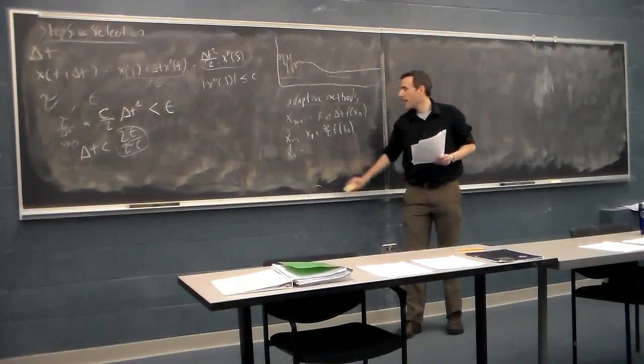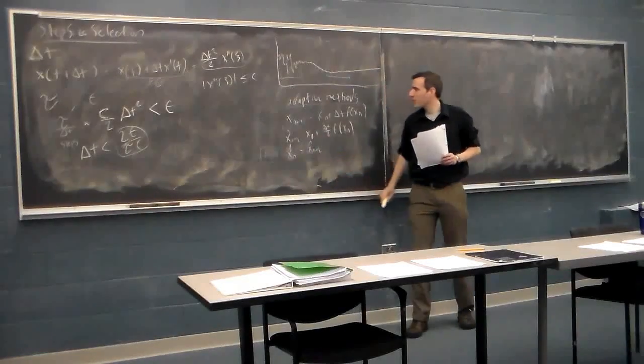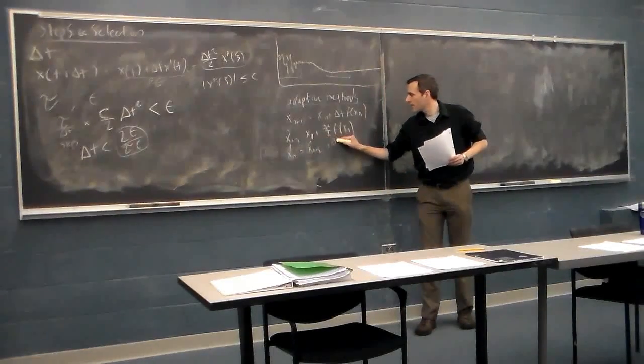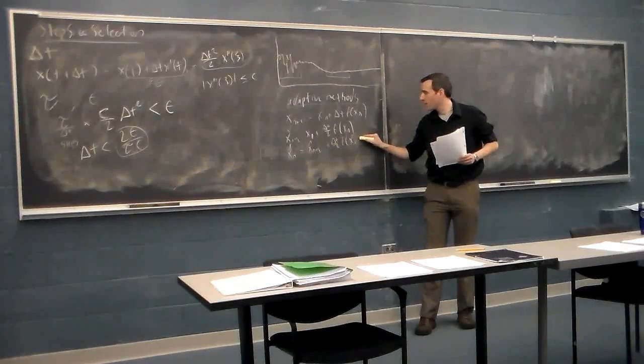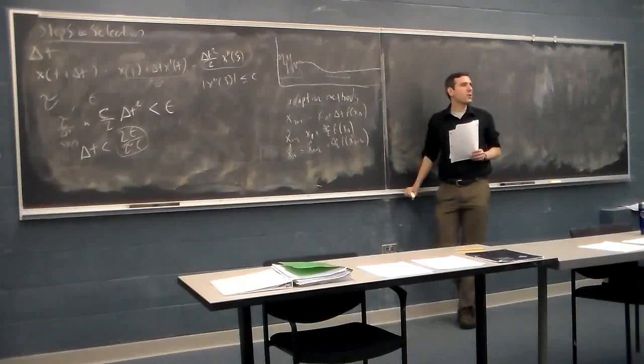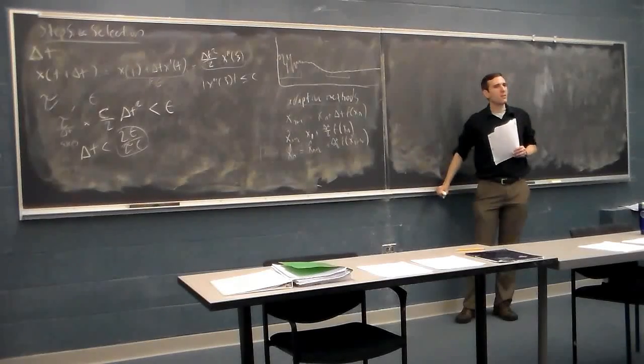So we get x hat n plus 1 equals x hat n plus 1/2 plus delta t over 2, f of x hat n plus 1/2. So what we're doing is just running forward Euler again, but now running it with half the step size.